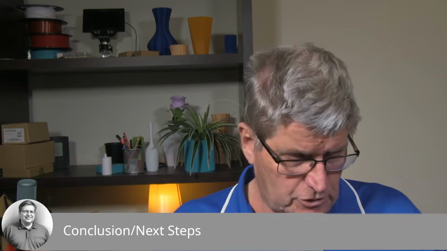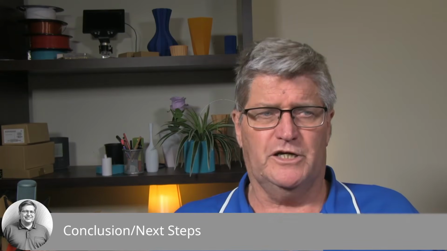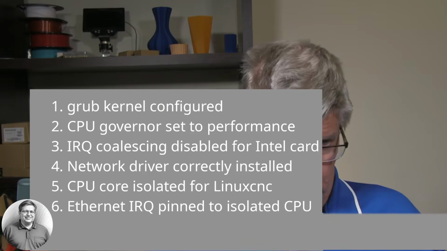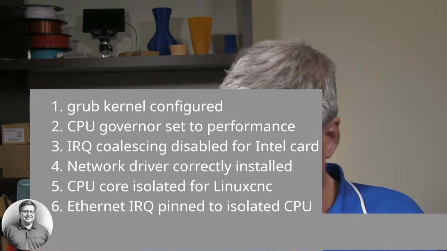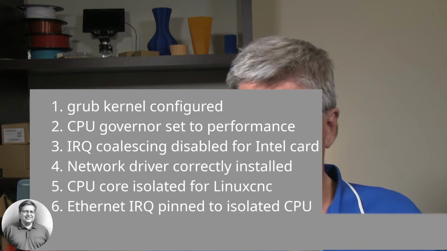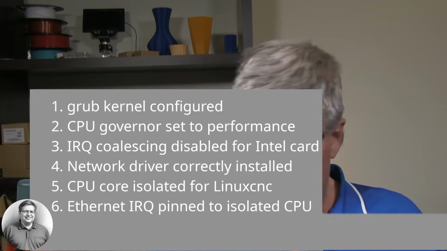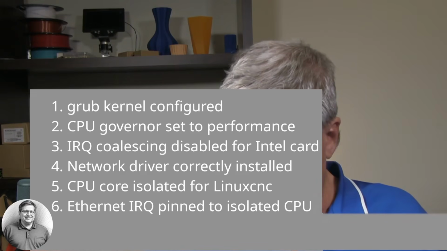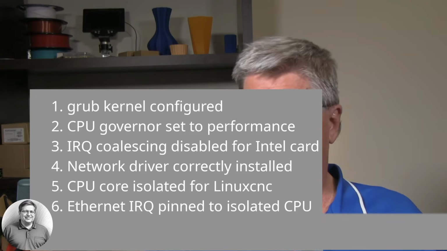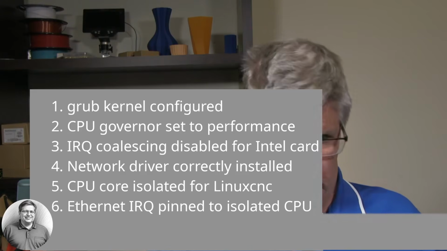So in conclusion, let's recap on what we've done. We've set the grub kernel parameters correctly. We've set the CPU governor to performance. We've got our IRQ coalescing disabled on the network. We showed you how to install the correct network driver if you've got a Realtek card.